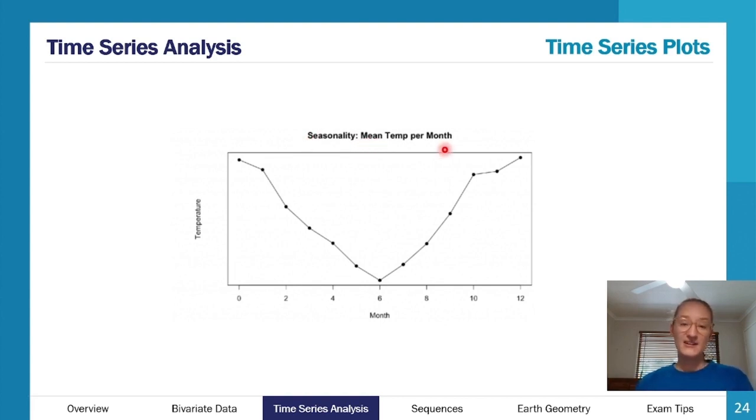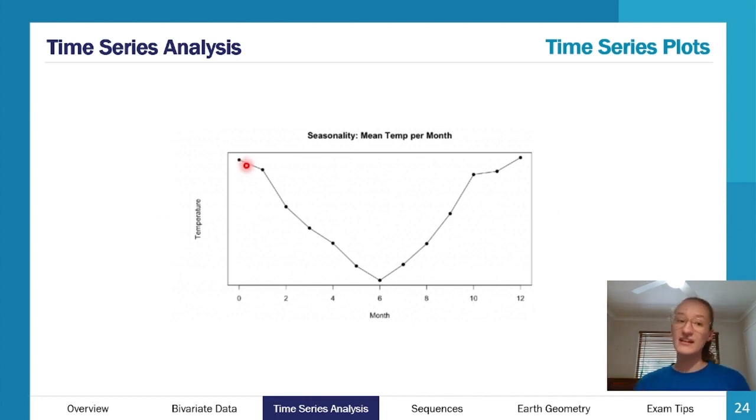What this time series plot is about is the mean, or the average, temperature per month. So our response variable, which is graphed on the y-axis, or the vertical axis, is temperature. So here we're interested in how temperature changes over time. That's what we're looking at.